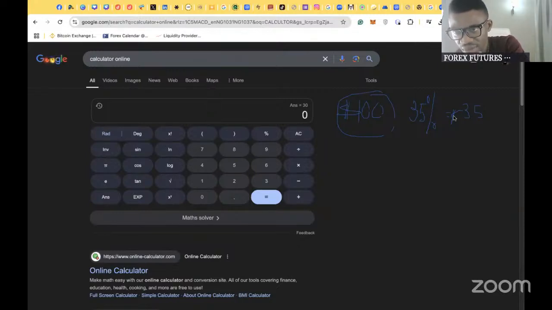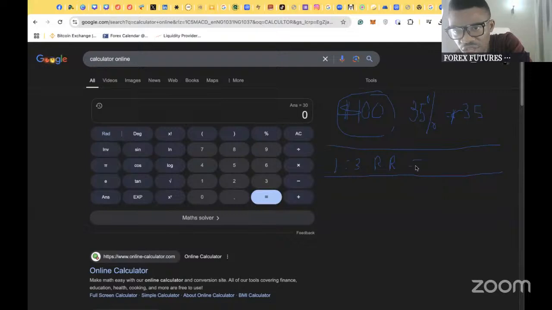And let's say the trade went in our favor, we win. So we are going to honor 1:3 risk reward. That means if the trade goes in our favor, we should make ×3 of $35.